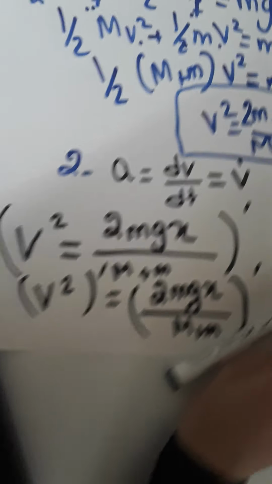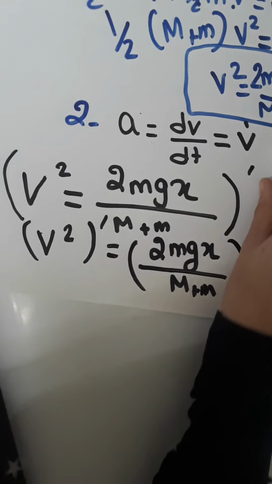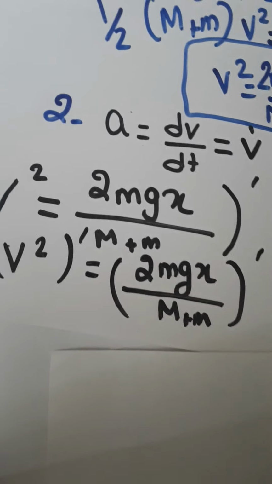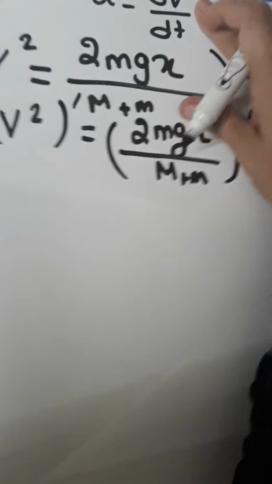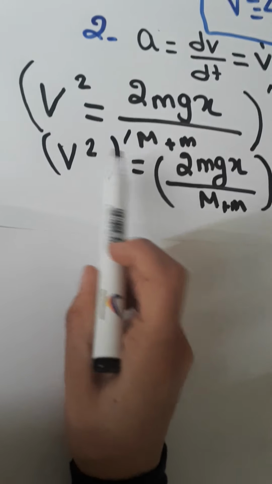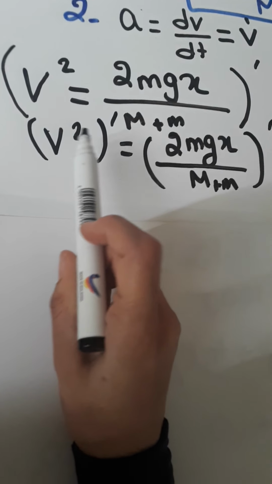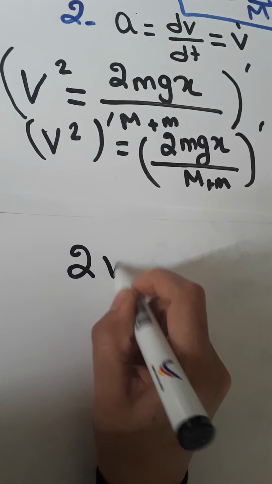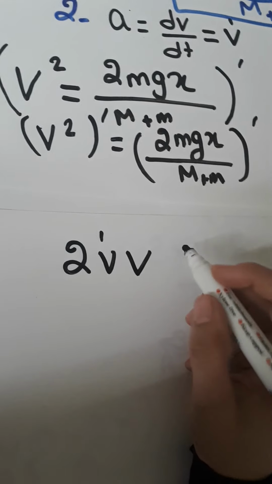Okay, guys, concentrate, it's easy. V squared prime, so it's u squared in math. How to derive it? It's 2 v prime v.